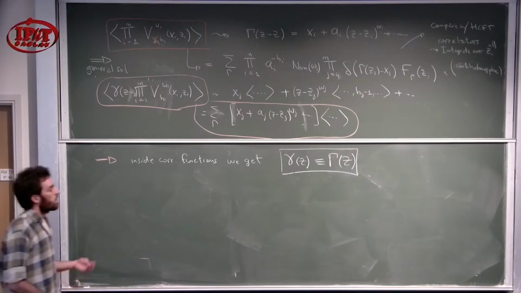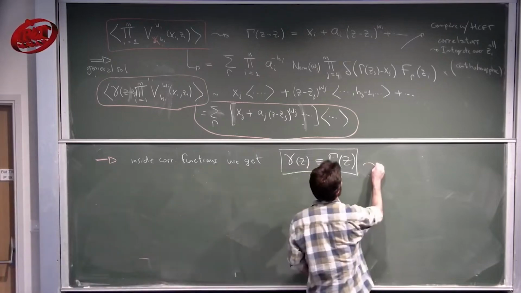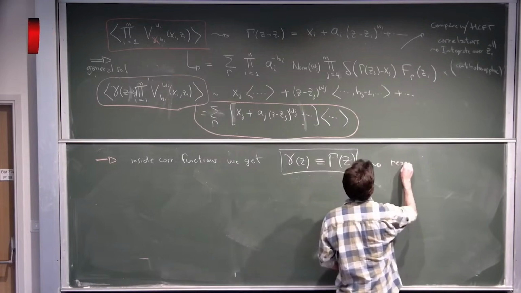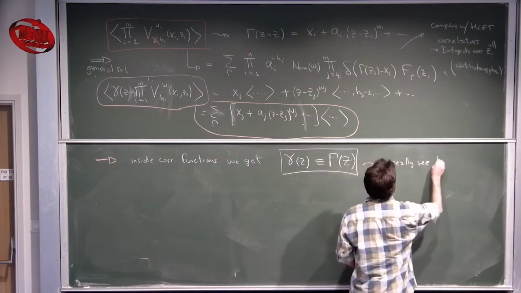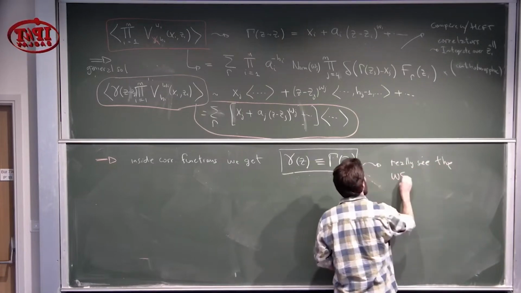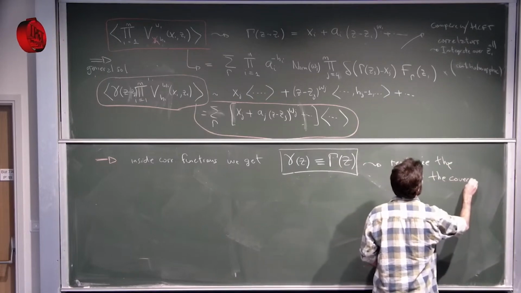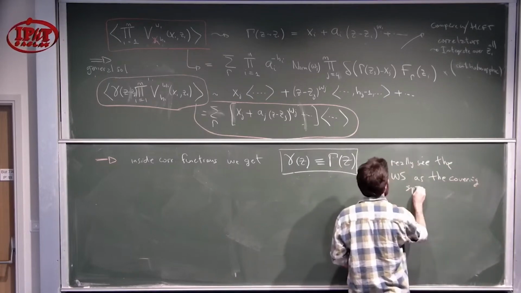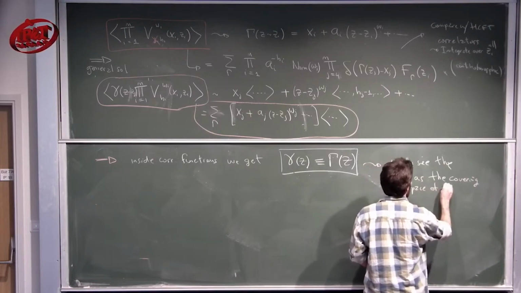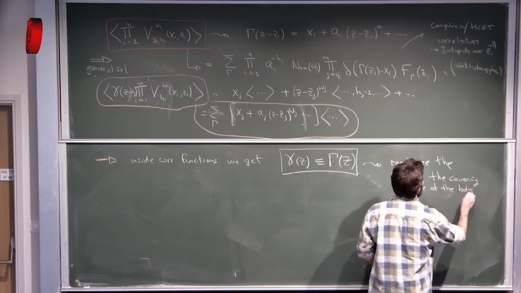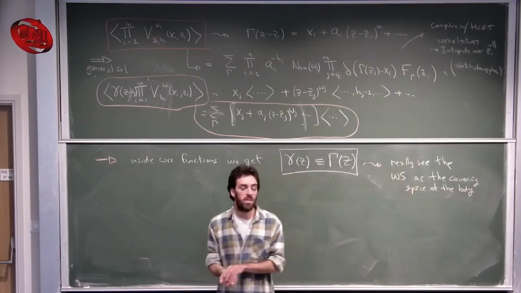In this sense, it's very nice because you can really start to see the worldsheet itself as the covering space of the boundaries. But of course, that's a correlator-dependent statement.